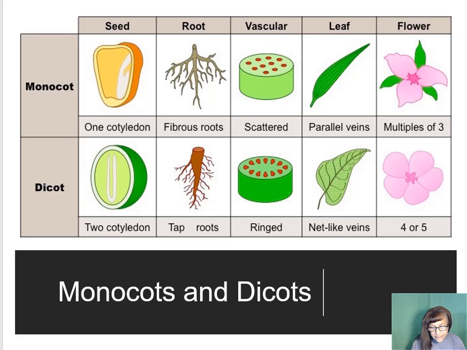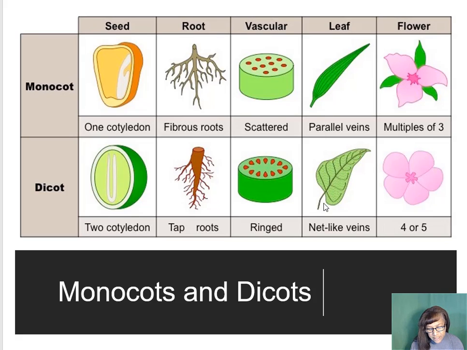When we look at the leaf pattern, and this is what you're going to see most commonly because this is what we look at when we're looking at plants just out and about on our walks and our hikes or maybe at the nursery, we can see the leaves and the flowers. So here, when we see the veins in the leaves being parallel, then that's probably a monocot.